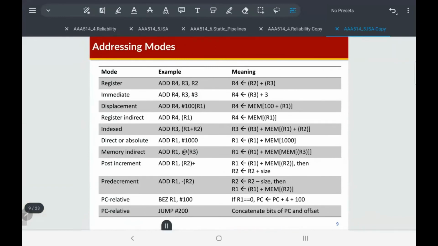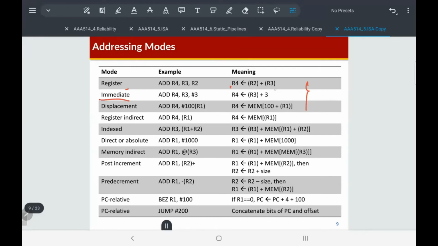So addressing mode. Here we can think of some different types of addressing mode. We are familiar with these three types of addressing modes because we learned about the RISC type ISA in the undergraduate course. The first addressing mode is register, which is very familiar because in the arithmetic instructions, we read data from the two source registers.